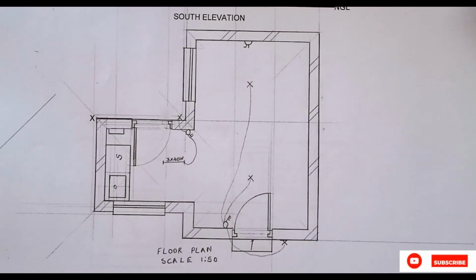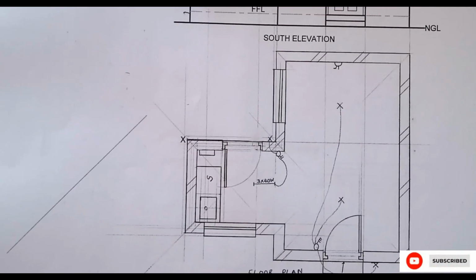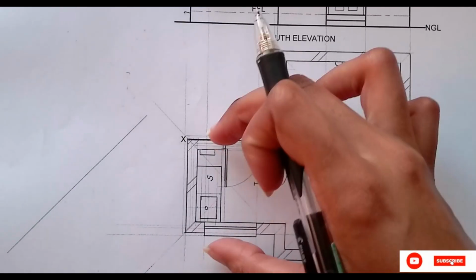Now for the sectional elevation, you have to use these two walls.